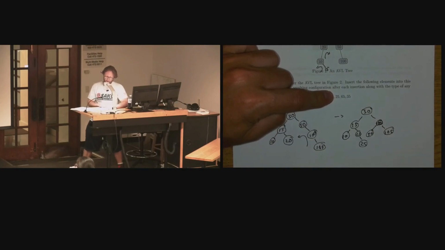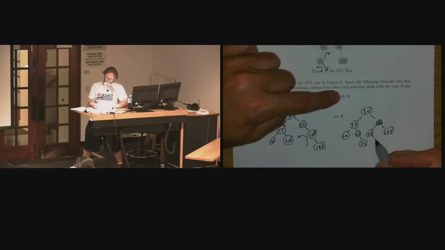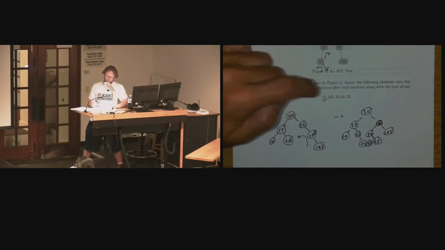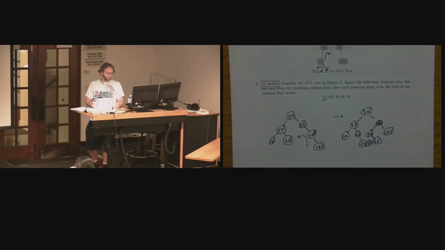It would not affect it adversely enough to cause any rotations. 65 would get inserted right here. Again, it's not going to cause any other rotations. 35 is greater than 30, less, less. So 35, again, no rotations. All right.